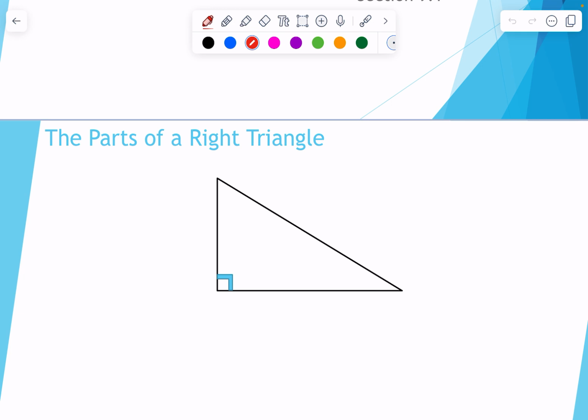The first part is called the hypotenuse. The hypotenuse is directly across from the right angle, and it will always be the longest side of a right triangle.